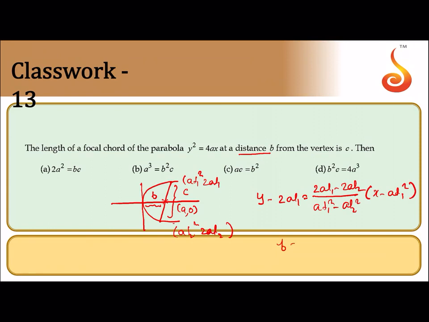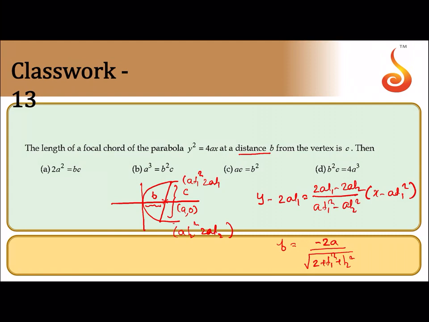This is the focal chord. You have to drop a perpendicular from (0, 0). If you drop a perpendicular from (0, 0), you get b is equal to minus 2a by under root of 2 plus t1 square plus t2 square.